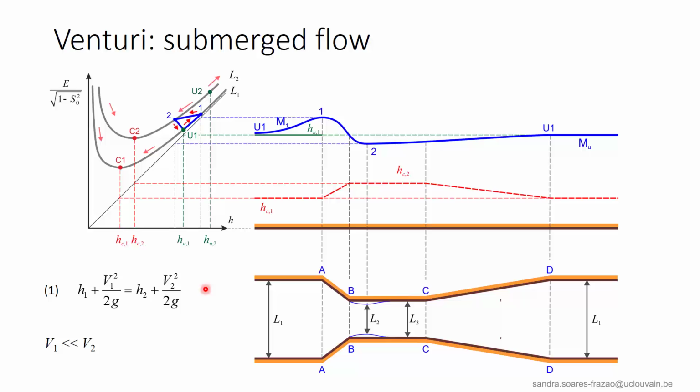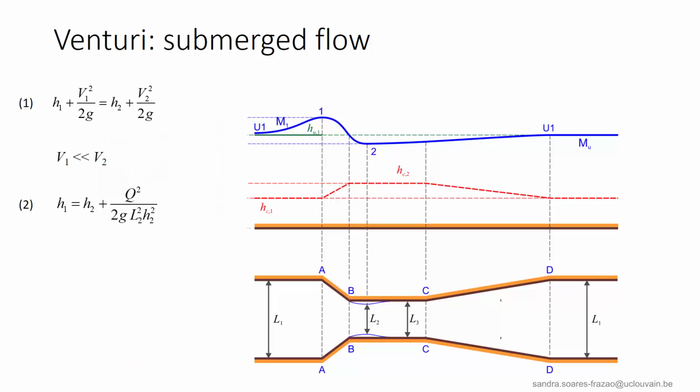Looking at the specific energy diagram for these 2 points, 1 and 2, we can see that the velocity at point 1 is much smaller than the velocity at point 2, where the flow accelerates. Therefore, considering that V1 is much smaller than V2, we can neglect V1 square over 2g and write equation 2, in which we have expressed the velocity V2 in terms of the discharge.